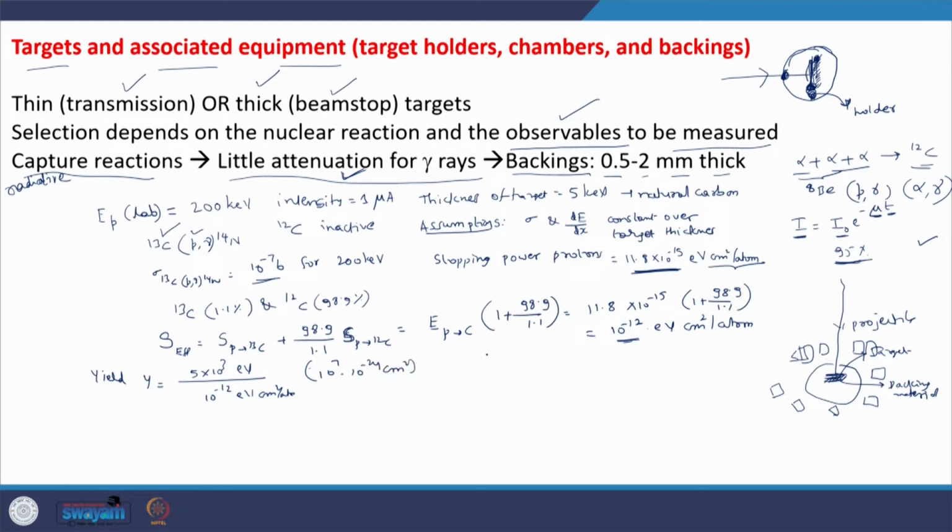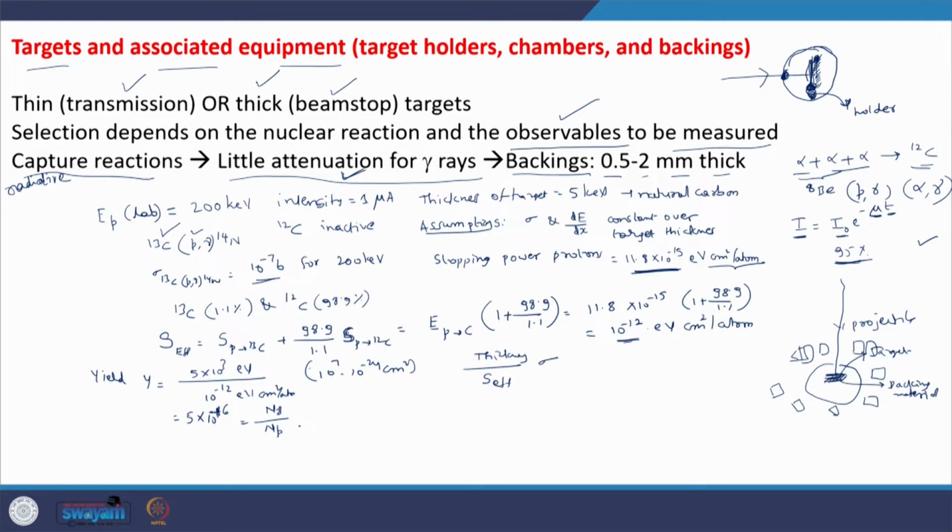Basically, what I have done is the thickness of target divided by effective stopping power, into sigma, the cross section, isn't it. So, what is the yield of the nuclear reaction? Multiply the cross section with the thickness and divide by the effective stopping power, alright. When you do this calculation, it gives me 5 × 10^-16, and this yield is nothing but the number of gamma rays emitted per number of protons falling on the target material.